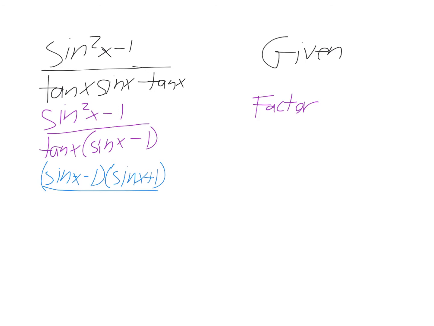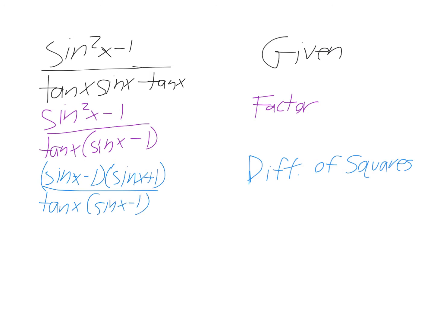And if you need a refresher on difference of squares, please look at the Algebra 2 video in the Algebra 2 previous courses folder. So difference of squares is what got me there. And I still have in the denominator my tangent of x times my sine of x minus 1.